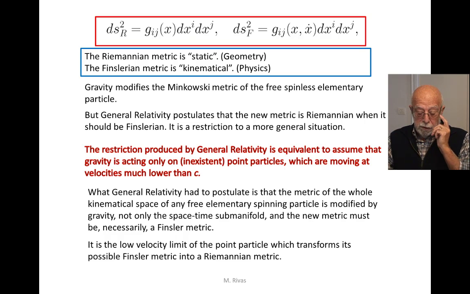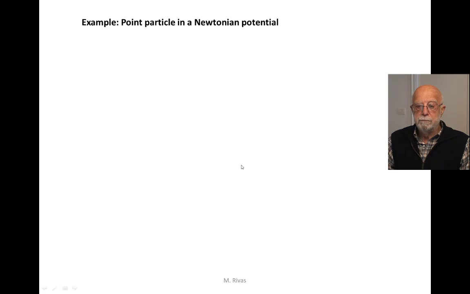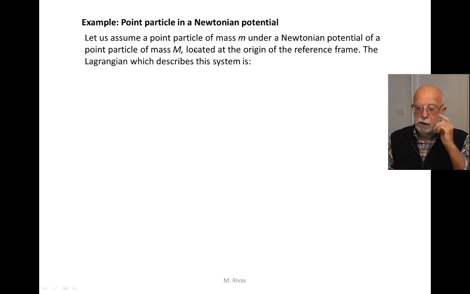We shall see now that it is the low velocity limit, in the case of the point particle, which transforms general Finsler metric into a Riemannian one. Let us consider the following example: a point particle in a Newtonian potential. Let us assume that we have a point particle of mass m under the Newtonian potential of another point mass capital M located at the origin.